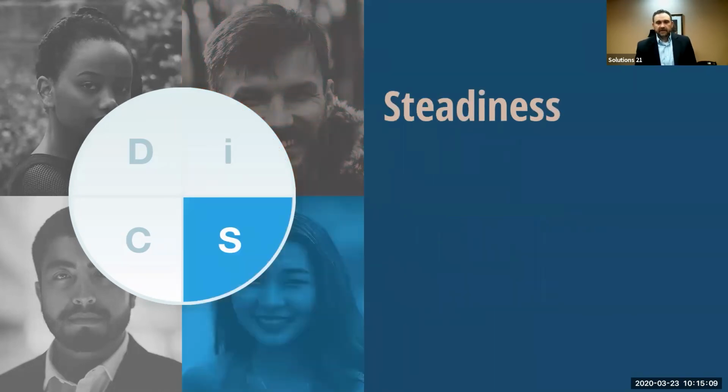Now for S's, I'm going to start with, this may be particularly challenging. That steadiness style, that discomfort with change, this is a real curveball for all of us, but in particular for folks of this style. So this may spark some resistance in these people, and it may be really unexpected because that's not how they will tend to approach situations when you've worked with them in the past.